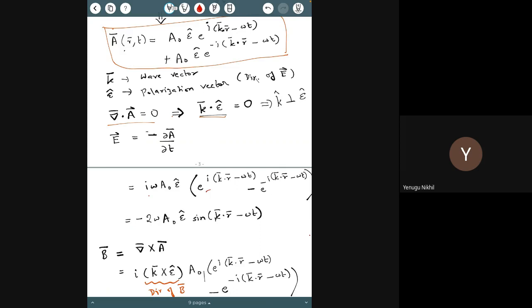Let's see. So this becomes plus I omega when I take a derivative. So this first term gives me a minus I omega, second term gives me a plus I omega when I take a derivative, when I do del del t. Then I take I omega common.